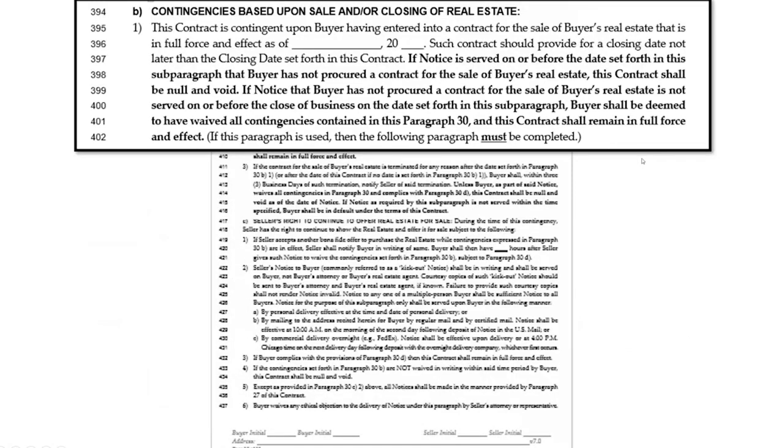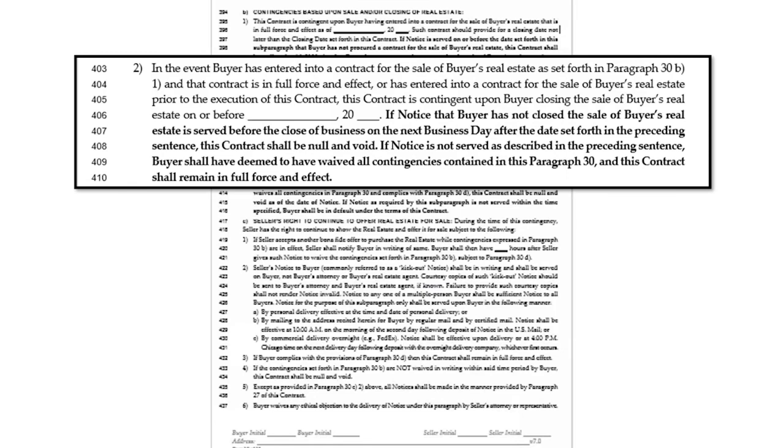What are the contingencies? So the contingencies are, number 1, this contract is contingent on the buyer having entered into a contract for the sale of his real estate. So that makes it contingent on the sale. This one makes it contingent on the closing.